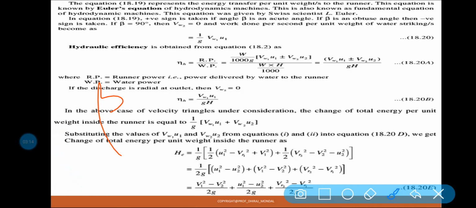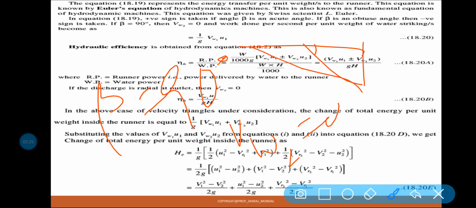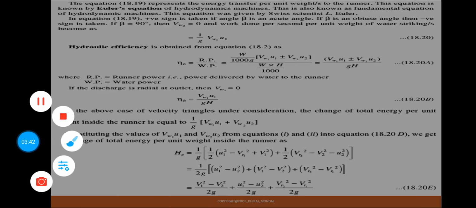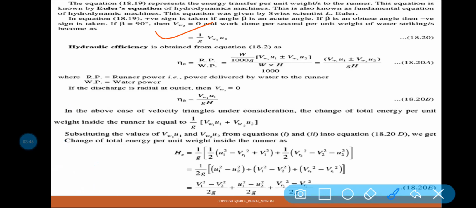If beta, the outlet blade angle, is 90 degrees, then Vw2 will be 0, because at the outlet the whirl component is zero. So the work done per unit weight is 1 by g Vw1 U1.